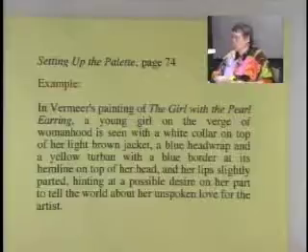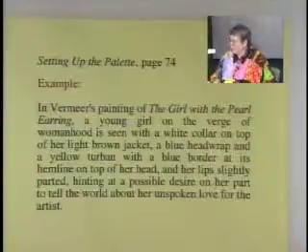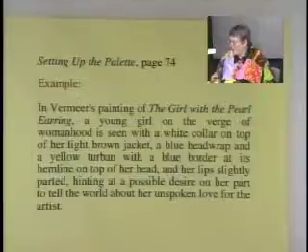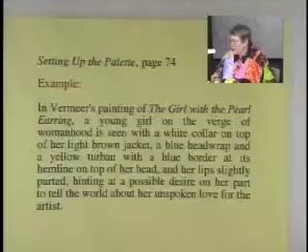In Vermeer's painting of the girl with the pearl earring, a young girl on the verge of womanhood is seen with a white collar on top of her light brown jacket, a blue head wrap, and a yellow turban with a blue border at its hemline on top of her head, and her lips slightly parted, hinting at a possible desire on her part to tell the world about her unspoken love for the artist.